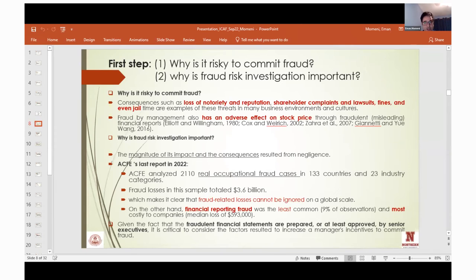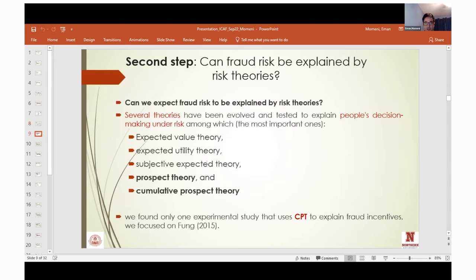Their last report, in 2022, analyzed 2,110 real occupational fraud cases in 133 countries and 23 industries. They concluded that losses from fraud can reach $3.6 billion, and financial reporting fraud was the least common and the most costly, with a median loss of $593,000. That is a brief explanation of why those elements are important to focus on.